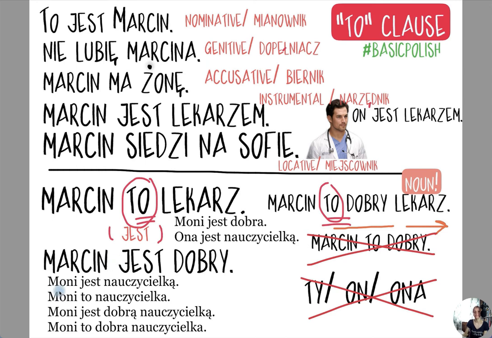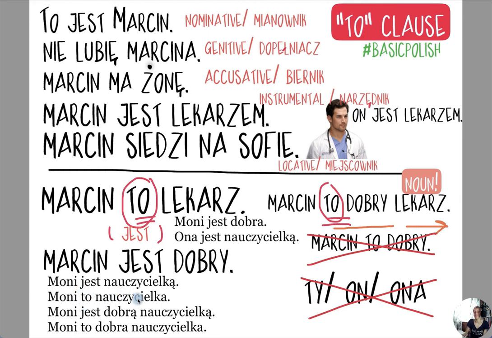So look at this. Moni jest nauczycielką. Moni is a teacher. Who is who? We've got jest. Therefore, there is no other way but to use the instrumental case, right? Because we've got jest, right? Another way of saying that is replacing this jest with to, and you can do this if you wanted to say Moni is a teacher because you've got a noun, so you are covered.